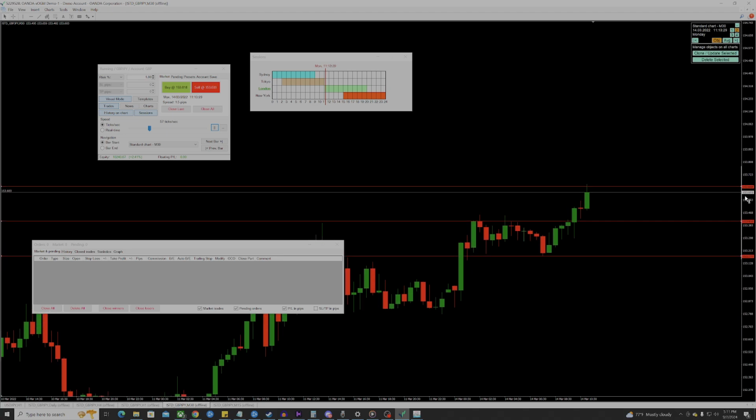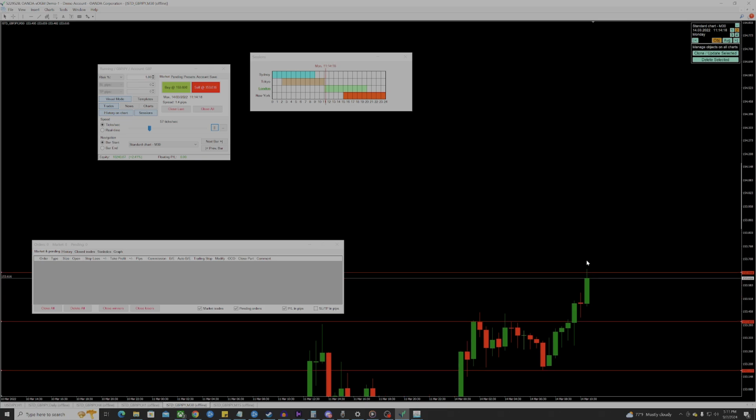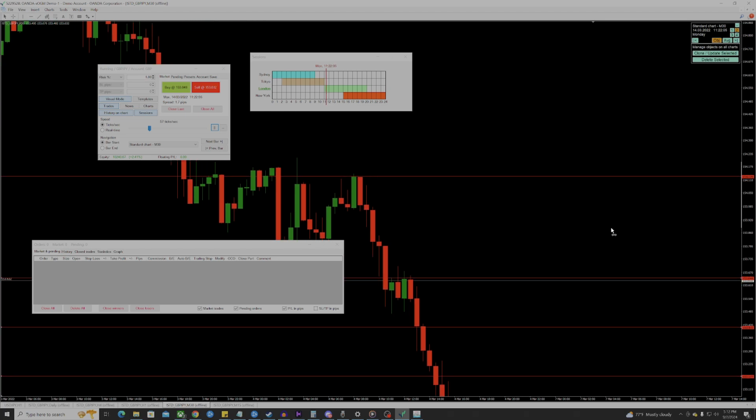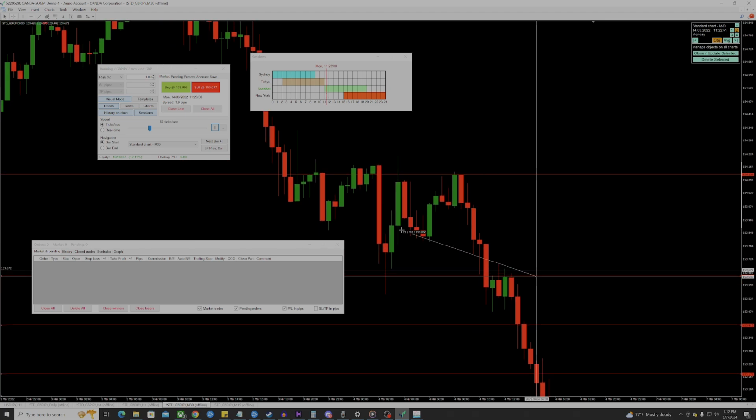I mean, if we get a closure above, then you could say you have good range here. It looks like it's closing above. That could be too ambitious.